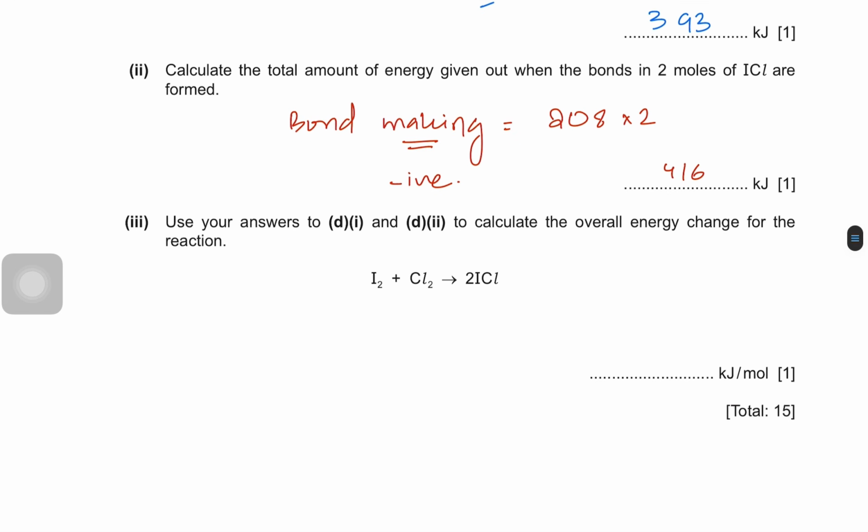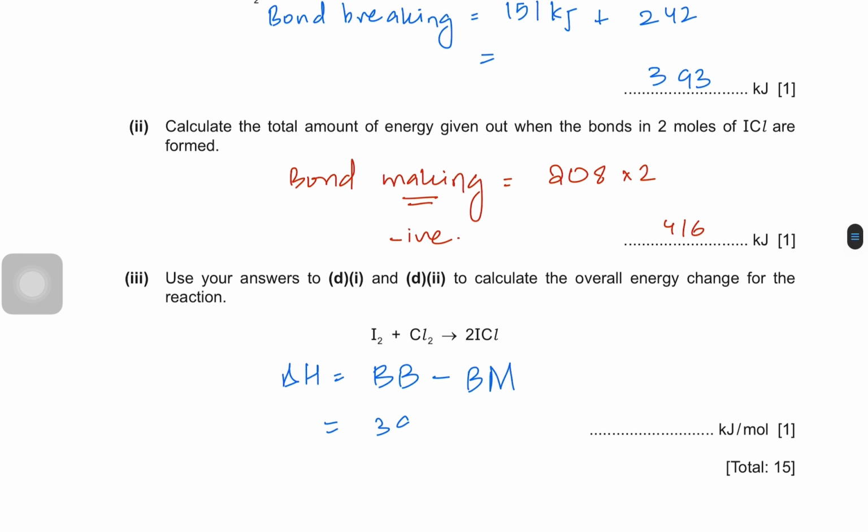Use your answers to D1 and D2 to calculate the overall energy. Enthalpy is equal to bond breaking minus bond making. Bond breaking was 393. Bond making was 416. So when you subtract, you get minus 23 kilojoule.